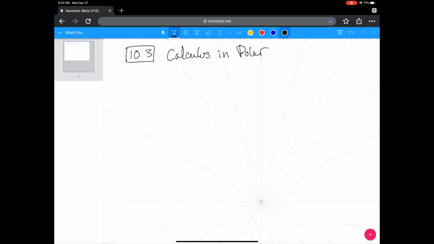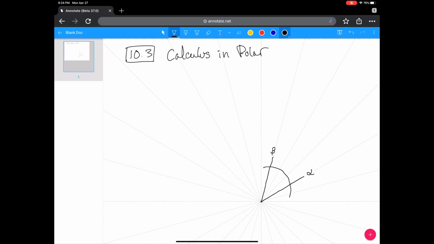So let's imagine the goal and then how we're going to try to get it done. I'm going to map an arc like this. It doesn't have to be circular, but just imagine you're looking at some particular piece of a polar graph, going from one particular angle, which we'll call alpha, up through another particular angle, which we'll call beta.